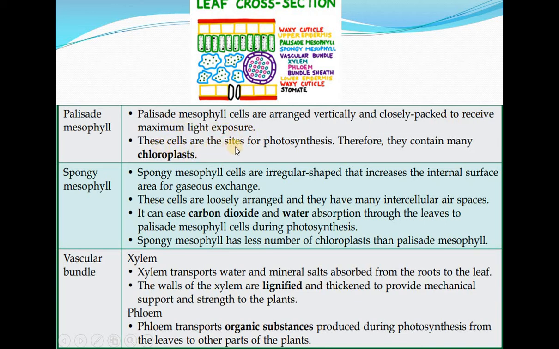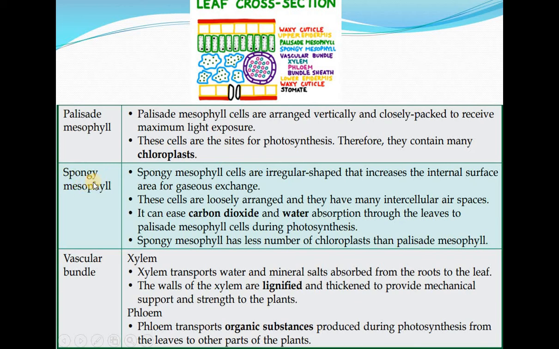These cells are the site for photosynthesis. Therefore, they contain many chloroplasts. So this is the function of the palisade mesophyll, the site for photosynthesis.